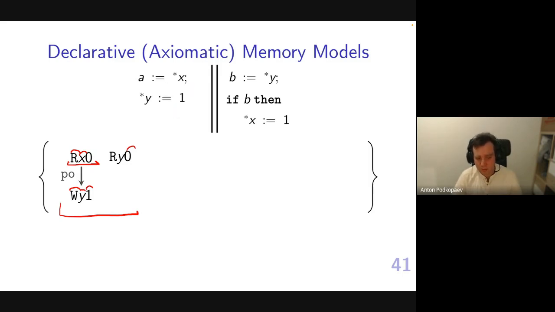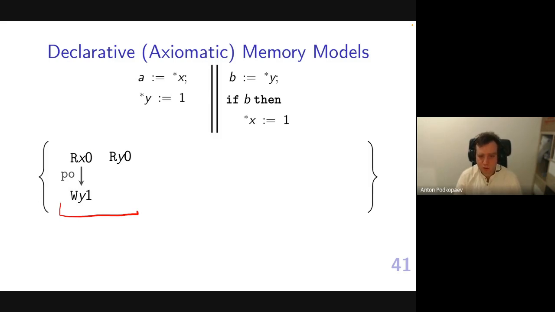The edges in these graphs represent different relations between the memory accesses. In this particular case, we have one edge, called program order, PO, which totally orders accesses of the same thread.